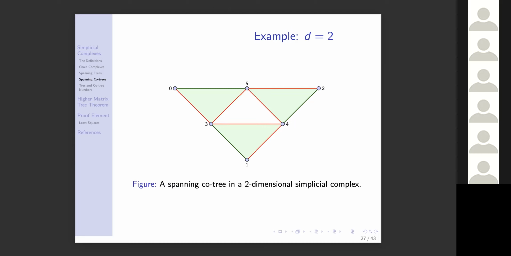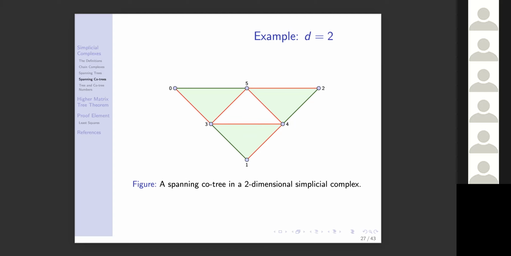So what is it? Let's look at the stuff I've just colored in red. That's a one-dimensional subcomplex. That is a graph inside there. It consists of all the vertices 0 through 5, but there are no two simplices, and we removed the edges in green.